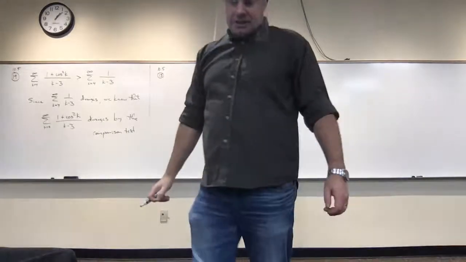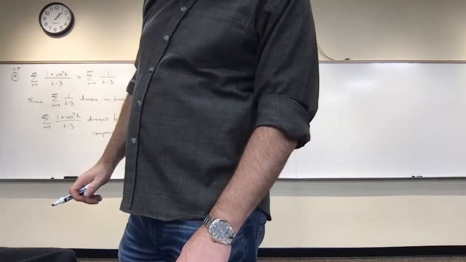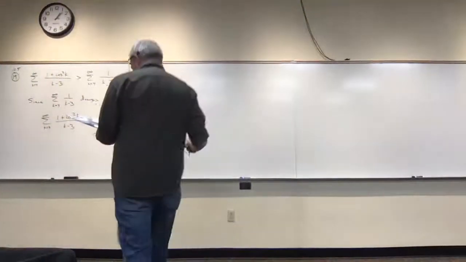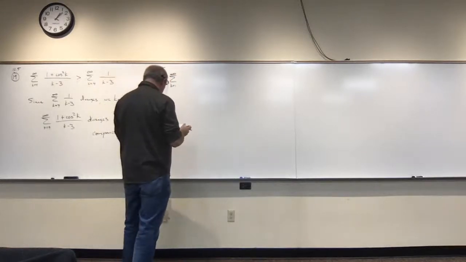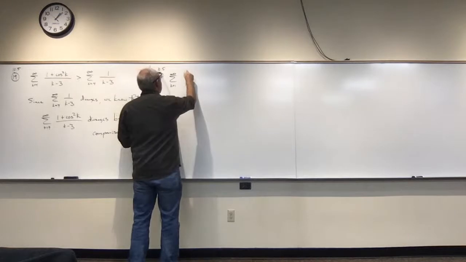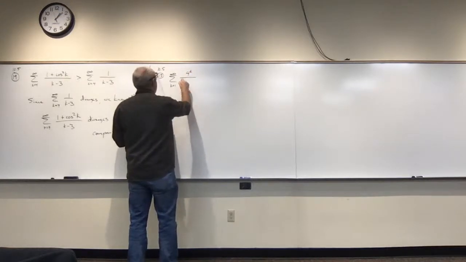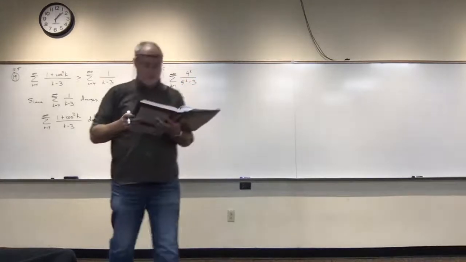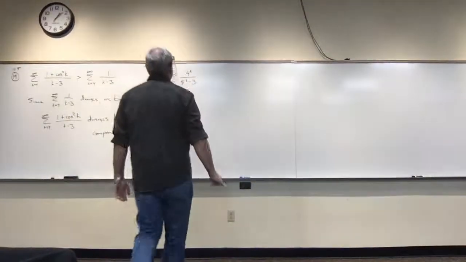Okay, number 15, we have sum k going from 1 to infinity of 4 to the k over 5 to the k minus 3. And it says to use a comparison test.